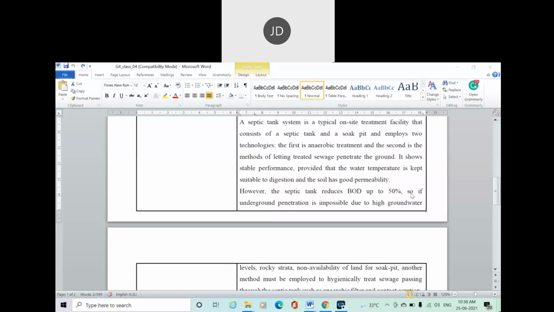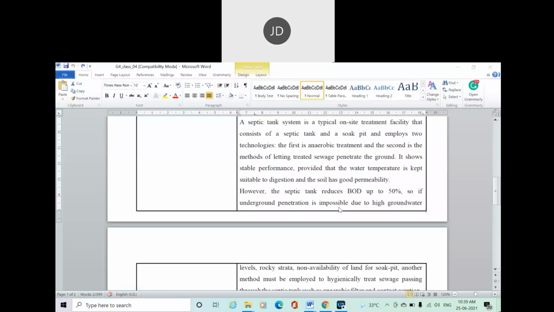Also we have to check if groundwater penetration is possible or not. In which cases is groundwater penetration not possible? If you are installing a soak pit, before installation you have to check the level of groundwater. If your groundwater level is so high or nearby the ground, it is not recommended to provide a soak pit.